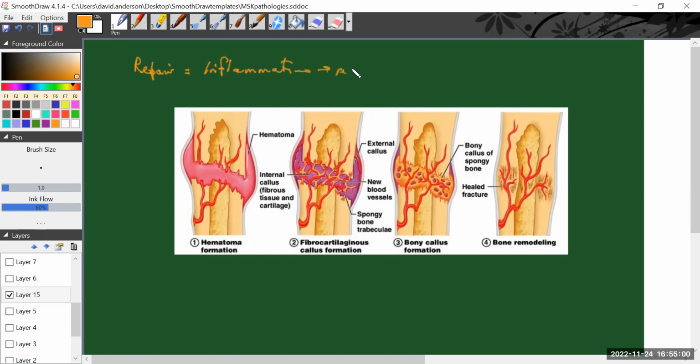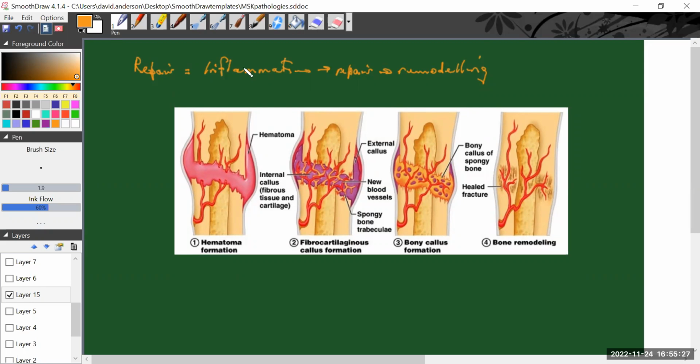Then we get repair. And then we get remodeling. And bone tissue is no different. Bone tissue has a great blood supply. Remember, that was a characteristic of good repair. Mitotic cells, also a good characteristic, and an intact extracellular matrix. And in bone tissue, the osteoid represents the extracellular matrix. So we have all the ingredients we need for a good repair.